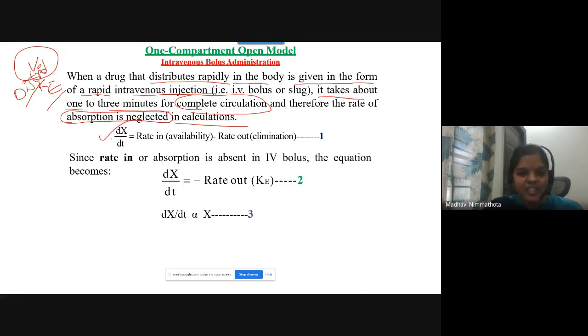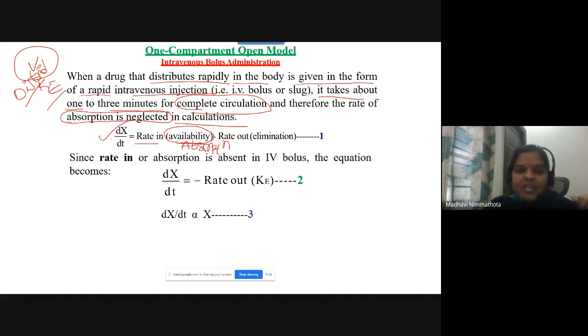dx by dt, this is the rate of your drug distribution. Okay, this is rate in minus rate out. Rate in is nothing but your availability, your absorption, and rate out is elimination. So here you are neglecting the absorption.